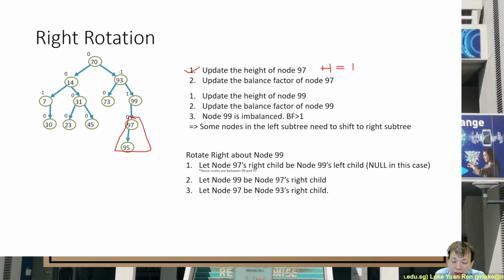Then you update the balance factor. The left side is 0, the right side is -1. 0 minus -1, so the balance factor at 97 is 1.